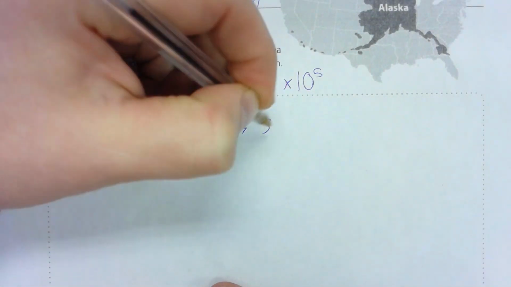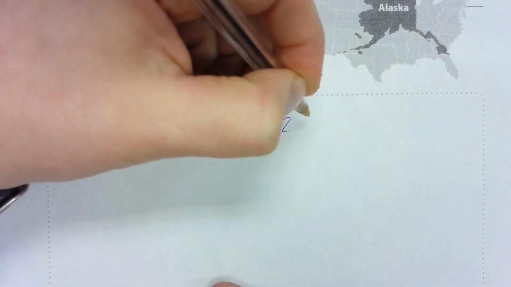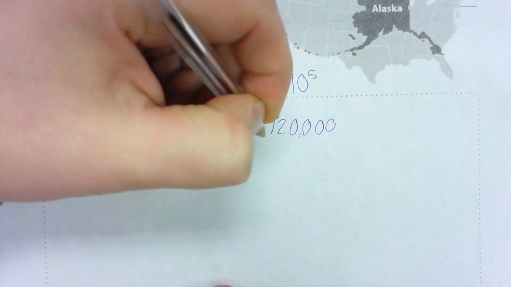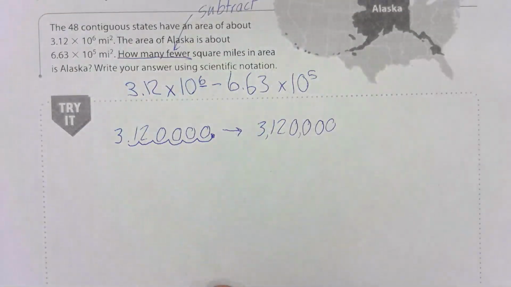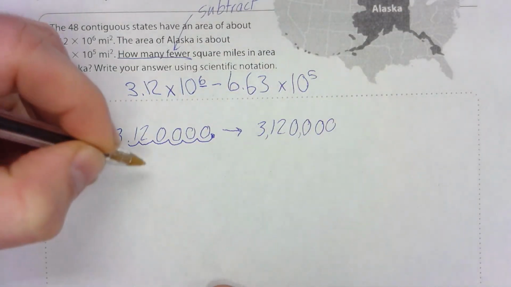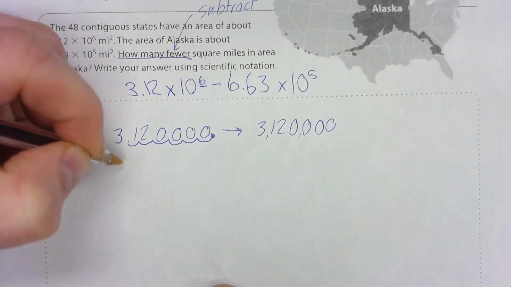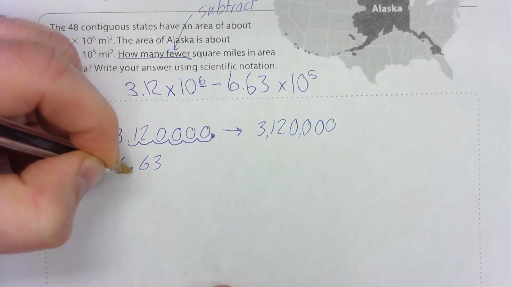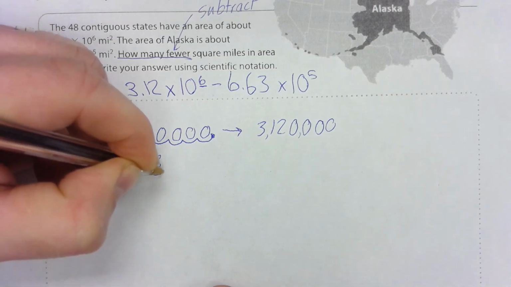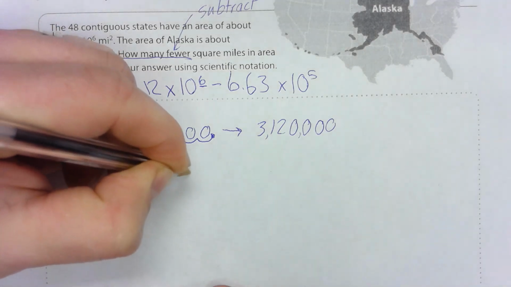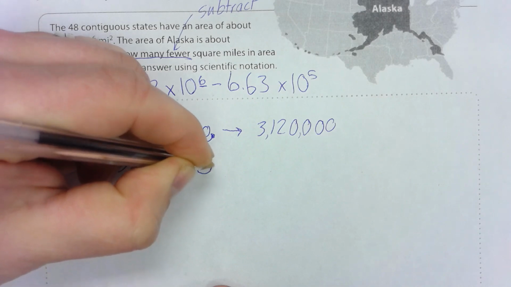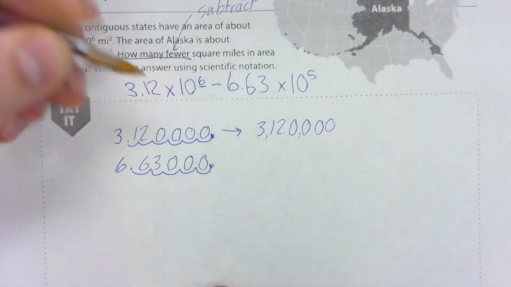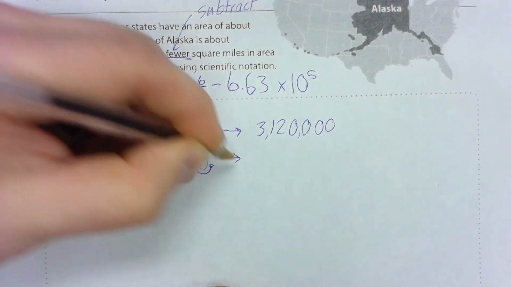This is 3,120,000. Okay, that makes sense. Now I'm going to do this one, 6.63. Move that decimal 1, 2, 3, 4, 5. Fill in my gaps. 3 gaps. Okay, now I'm going to bring it over.